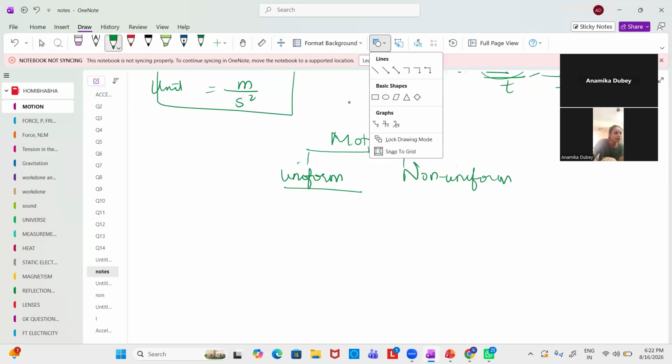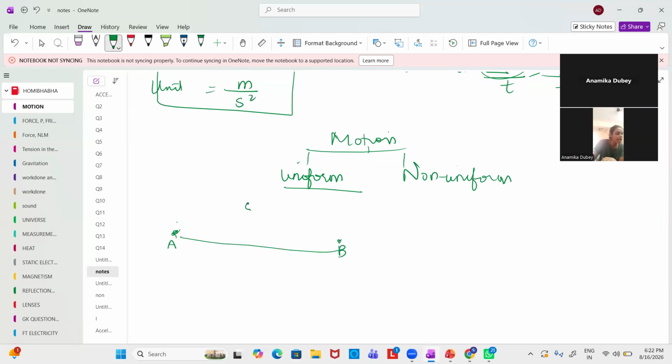Now understand, the boy goes from point A to point B, and this is 5 meters. So the boy goes first 1 meter in 2 seconds, another 1 meter in 2 seconds, another 1 meter. Similarly, I'm going to divide the 5 meters into 5 parts. So for every 1 meter, it is taking exactly 2 seconds.